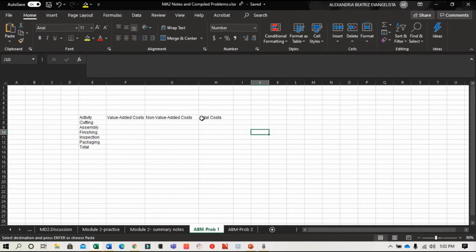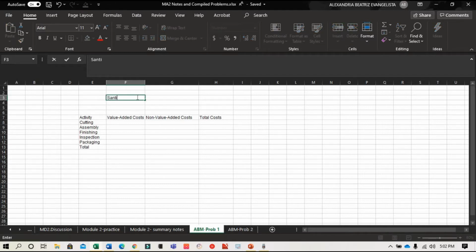Since we are to prepare the value added and non-value added cost report for the year ended December 31, 2020, we should first place the heading for the report. For the first line, the name of the company, which is Centragel Incorporation.